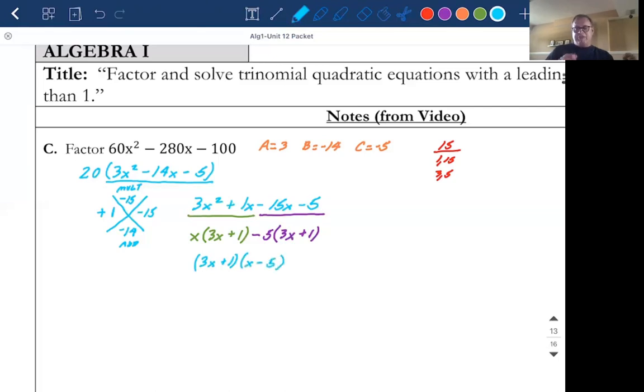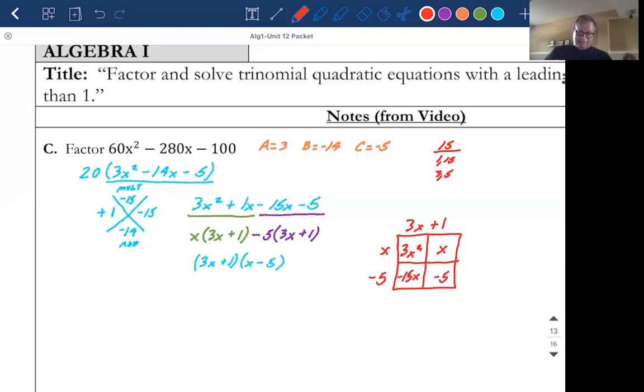Now, if I write that as is, I'm not going to have it correct, because my factors have to multiply back to what I started with. And I'll show you what I mean by that. See, if we multiply right now 3x plus 1 and x minus 5, I'm going to get 3x squared, 1x, negative 15x, and negative 5.